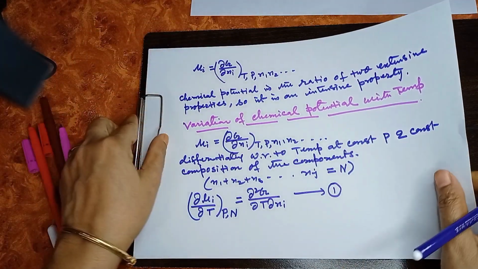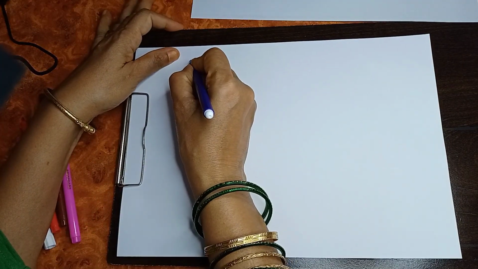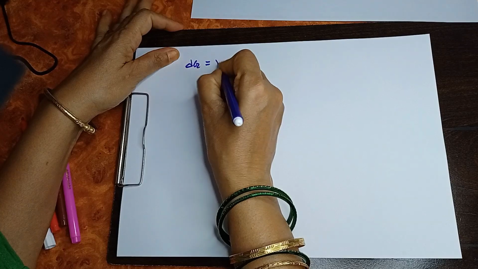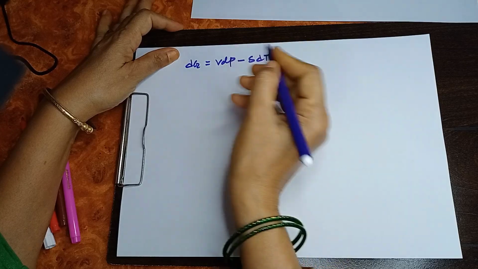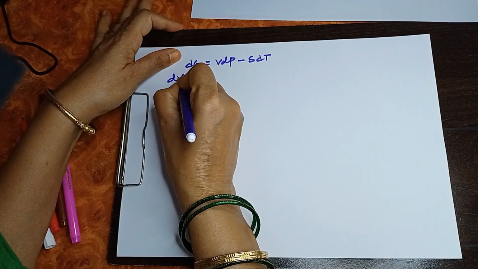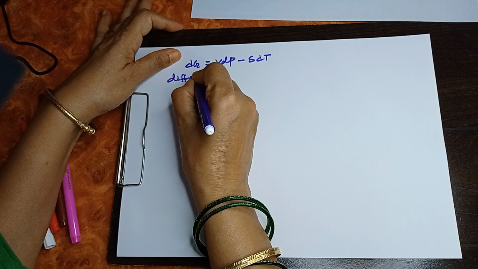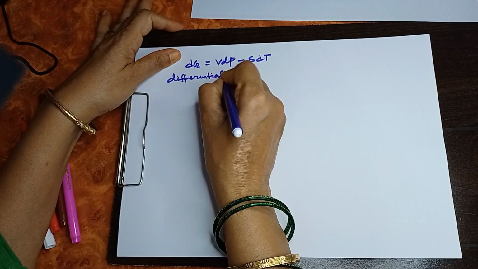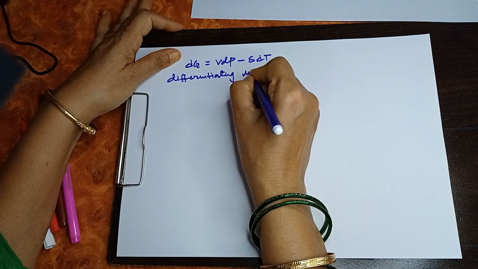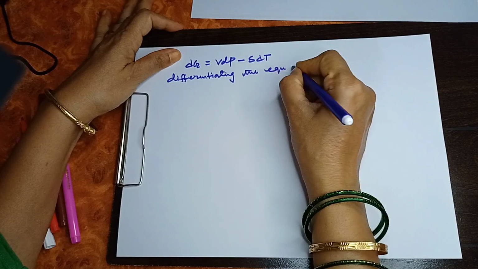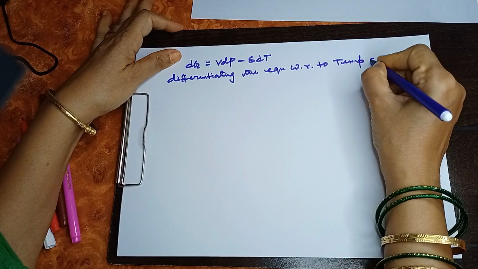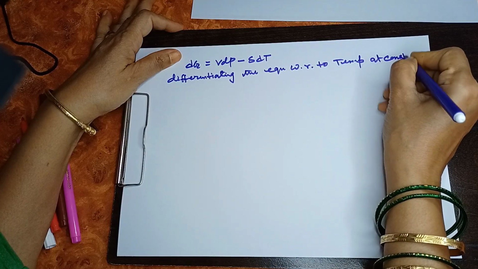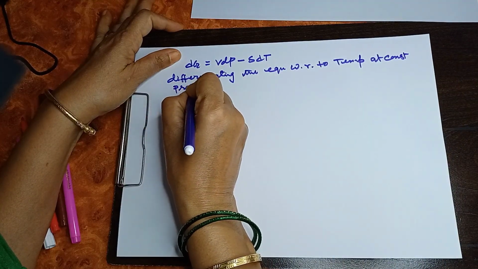I write in the next page. We know that dG is equal to V dP minus S dT, right? Now differentiating this equation with respect to temperature at constant pressure, then what we will get?